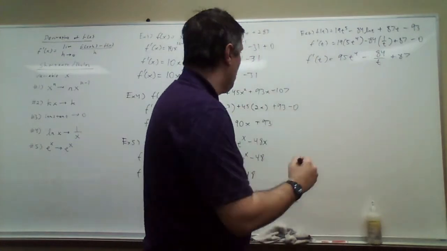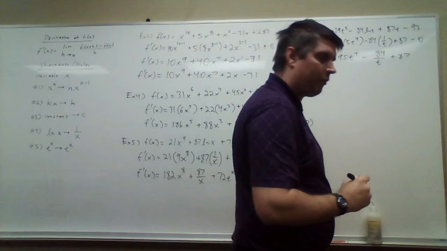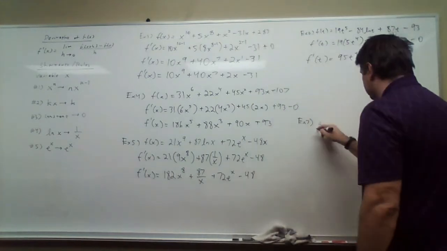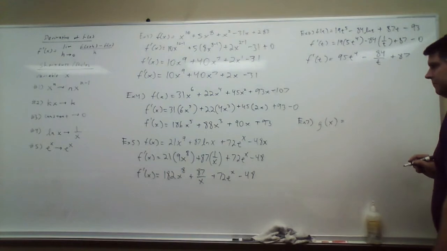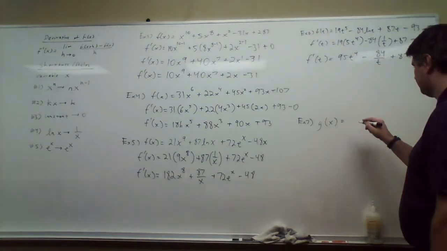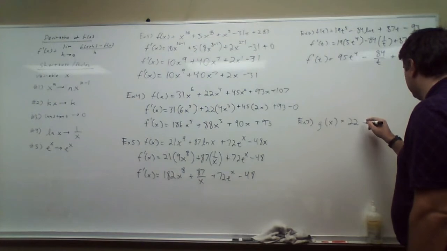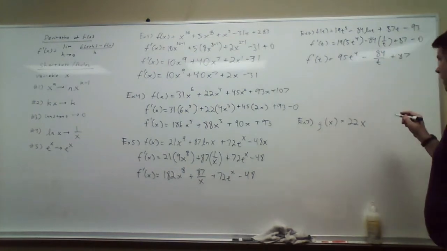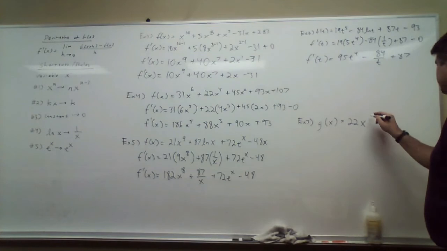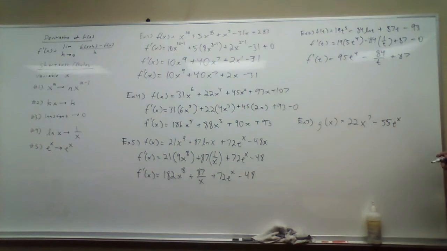Okay. What if we're using a different variable for x? So let's say g of x equals 22 x to the 7th minus 55 e to the x.